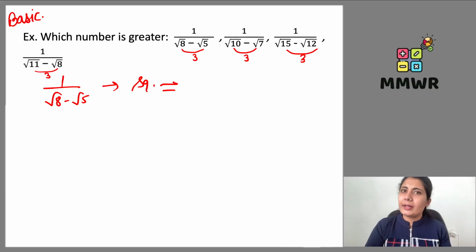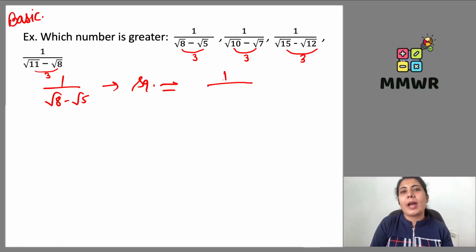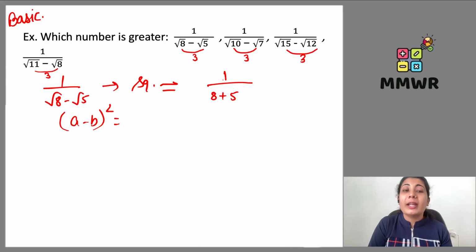Sorry. Here we do not have to directly take this square. I'll be showing you the reason. If we take this square here, this gives me root 8 square is 8, root 5 square is 5. Why? Because a minus b whole square is not a square minus b square. It is a square plus b square minus 2ab.